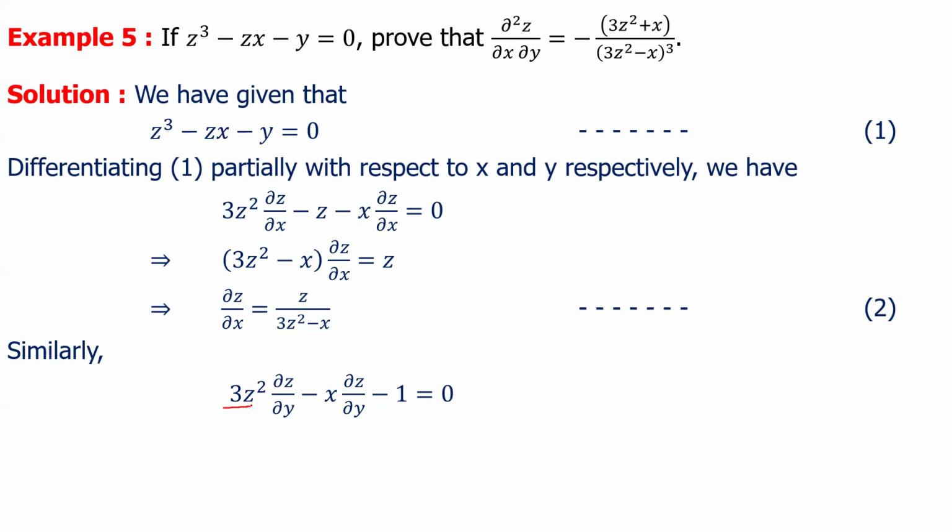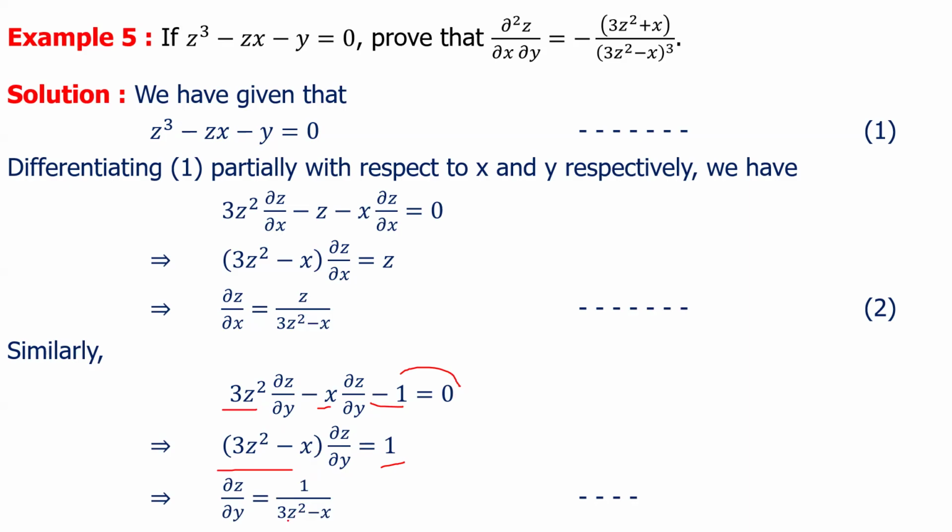Now here again we can take del z del y as common in the first two terms. So we can write down 3z square minus x into del z del y, and this minus 1 goes to the right hand side and will become plus 1. So what is the value of del z del y? It is nothing but 1 upon 3z square minus x. Let us give it equation number 3.